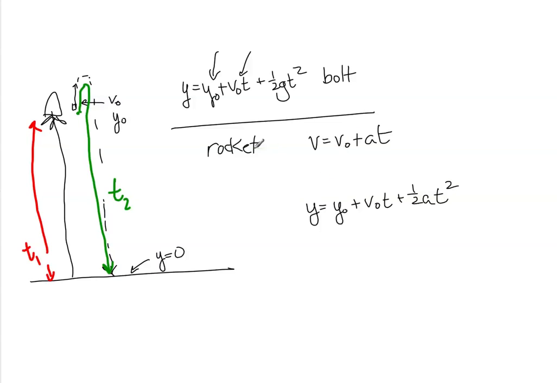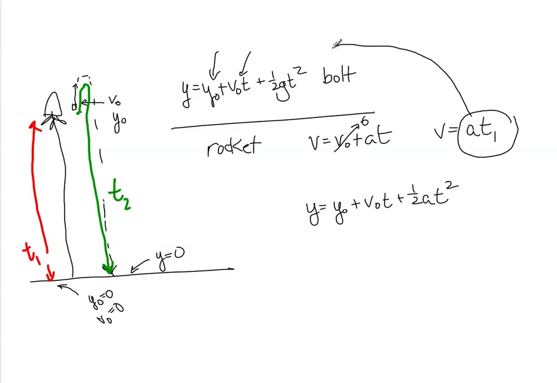So if we're thinking about the rocket only, down here at the beginning, we had y0 equal to 0 and v0 equal to 0 for the rocket. So we can say this guy is equal to 0, and that the velocity when the bolt fell off is going to be equal to a t1. Make sense?